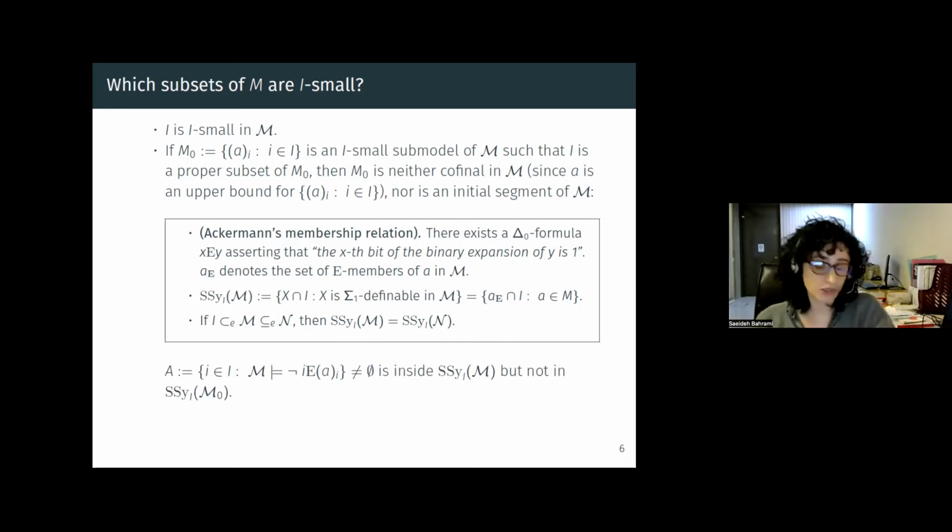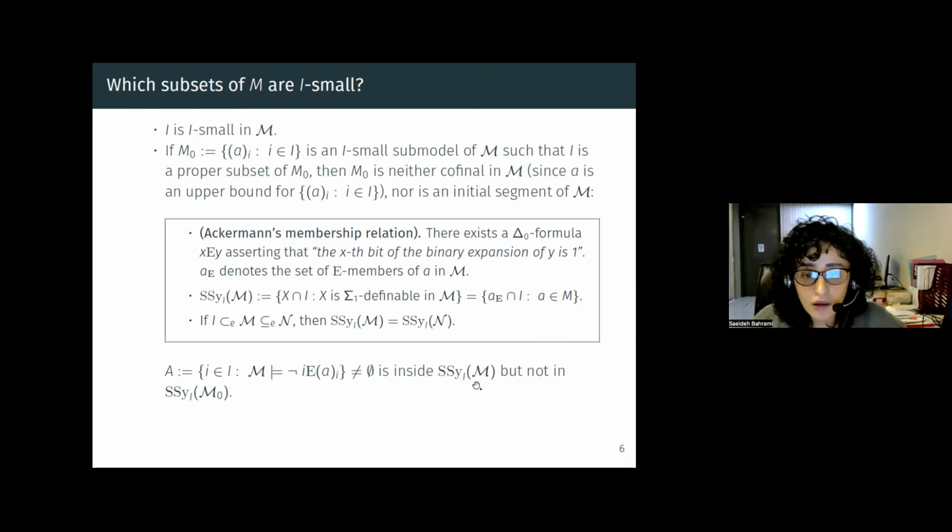But it is not the case, because if we let A be the subset of I which is defined like this, the definition is very similar to the Russell paradox. This A is not empty because we have zero. The number zero is in M0, and zero's E members set is empty.